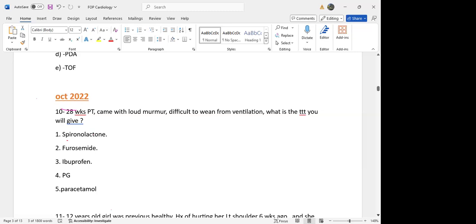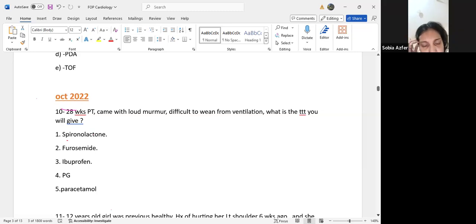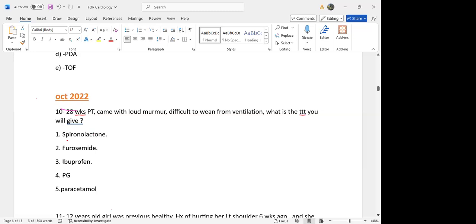Ductus arteriosus is common, and if you have a very large PDA, it will cause problems, especially weaning from ventilation would be very challenging, because a large PDA will cause a lot of blood flow to the pulmonaries.